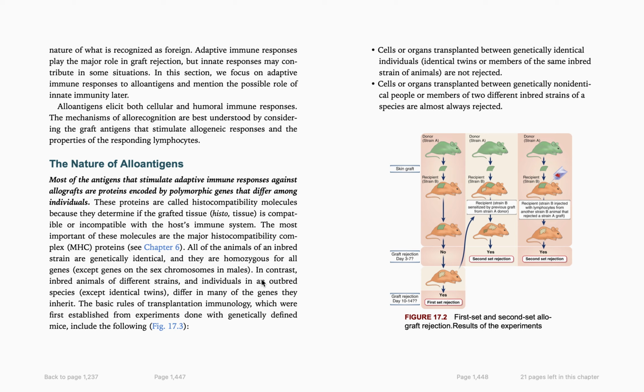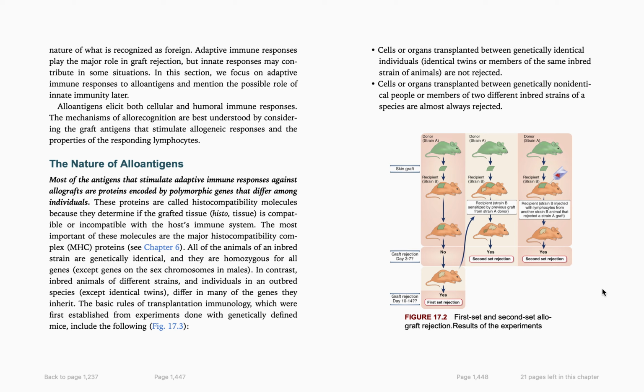All of the animals of an inbred strain are genetically identical and homozygous for all genes except genes on the sex chromosomes in males. In contrast, inbred animals of different strains and individuals in an outbred species, except identical twins, differ in many of the genes they inherit.